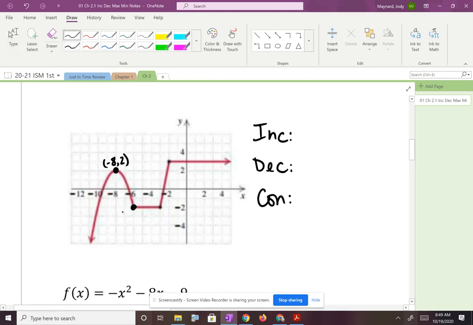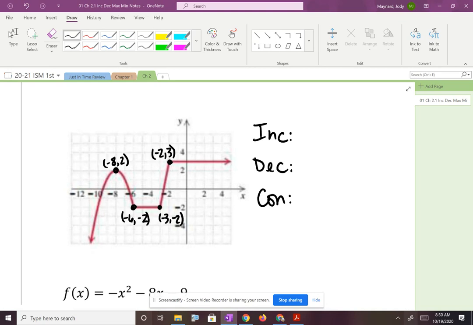So this ordered pair is -6, comma -2. This ordered pair is -3, -2. Oh, sorry, -3, -2. And then this ordered pair is -2, comma 3. All right, so I'm going to go ahead and do those.